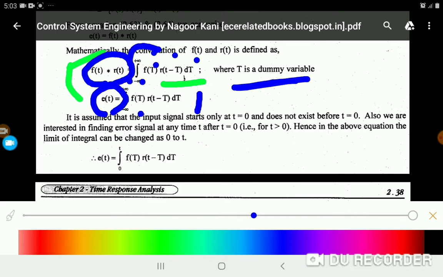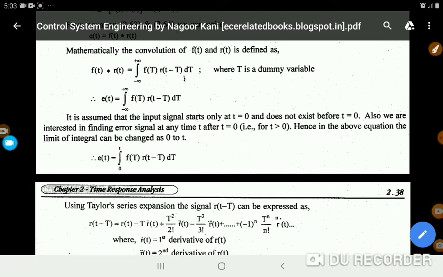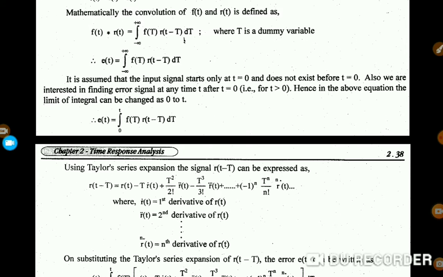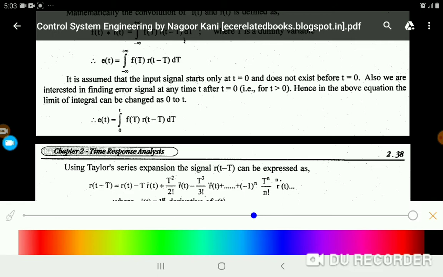Now we make some assumptions. We always take the time domain variable t starting from 0, then the time increases beyond 0, meaning time is greater than 0 only. But according to the convolution theorem, the time limits are given as minus infinity to plus infinity. So it is assumed that the input signal starts only at t equal to 0.